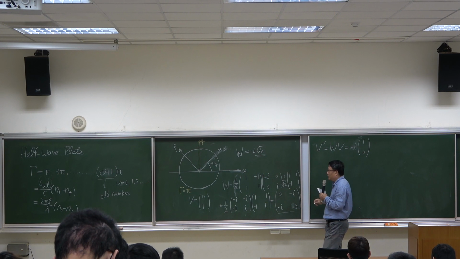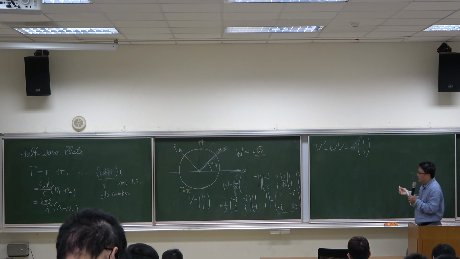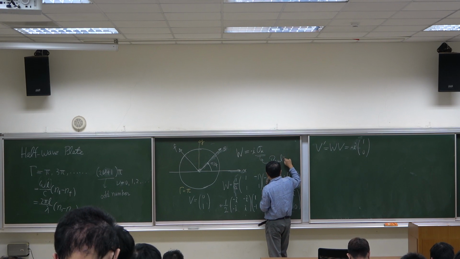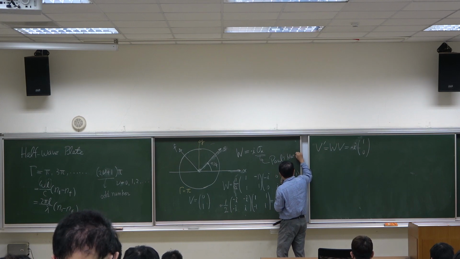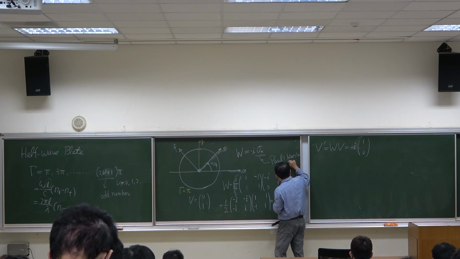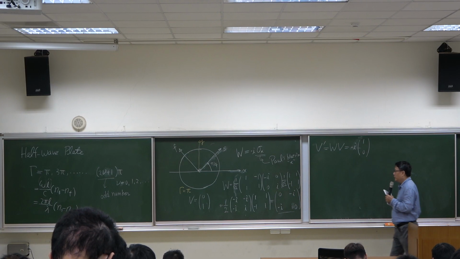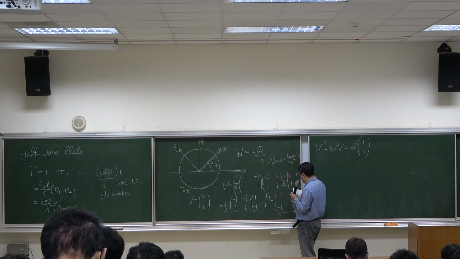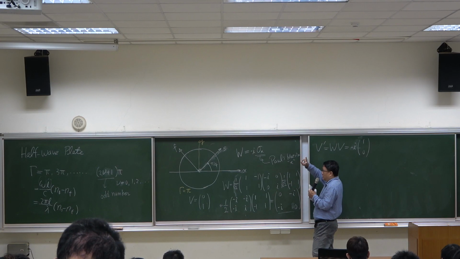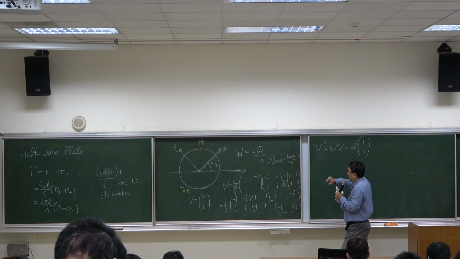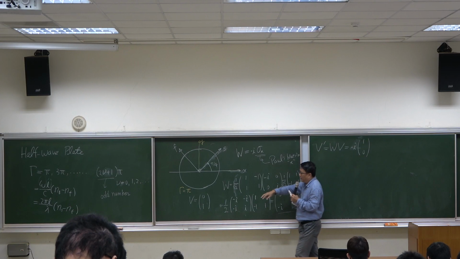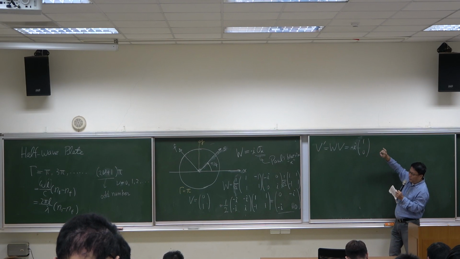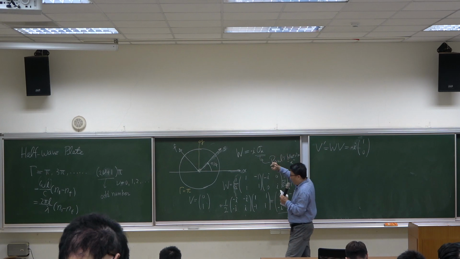Sigma x means the Pauli matrix, the x component of the Pauli matrix. This matrix is equal to (0, 1; 1, 0). It exchanges the x component and y component. So originally we have (0, 1), then finally we have (1, 0), because it exchanged the x and y components.